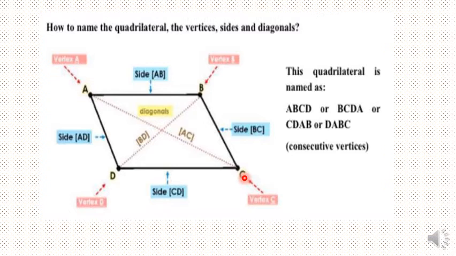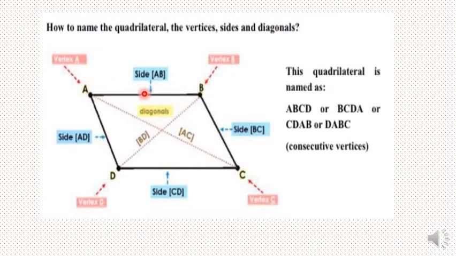How to name the vertices? The vertices are points. This is vertex A. This is vertex B. This is vertex C. And this is vertex D. It has 4 vertices. How to name the sides? The sides are segments joining 2 consecutive vertices.